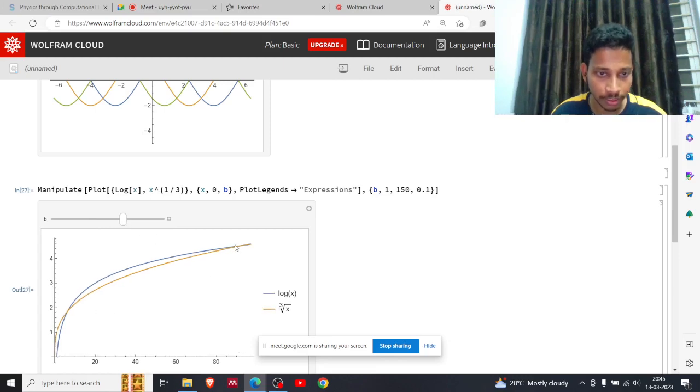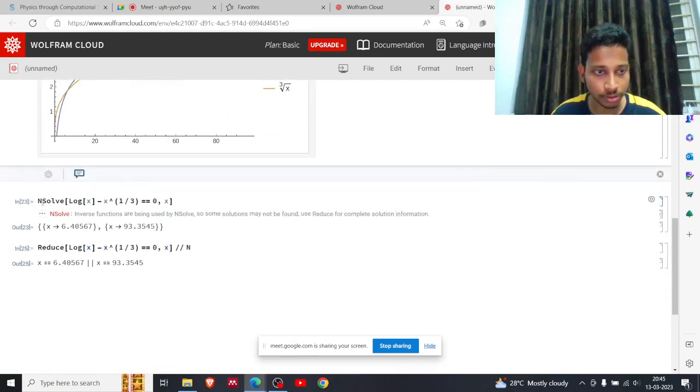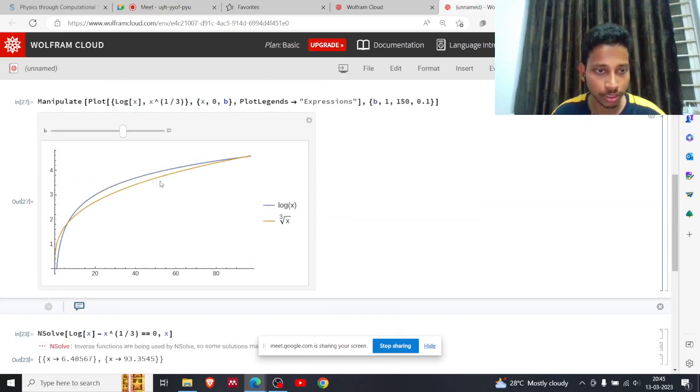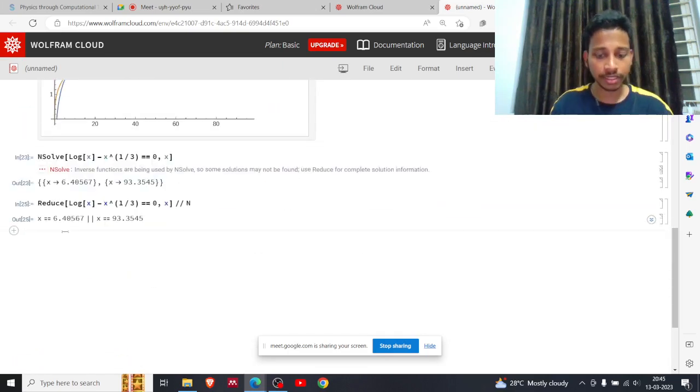At these two points, the values of log x and x to the power 1 by 3 are equal. So when we take the minus sign, that should be equal to 0. Basically nsolve gives us the solution for the equation. So nsolve of log x minus x to the power 1 by 3 equal to 0 will give the solution for the intersection.